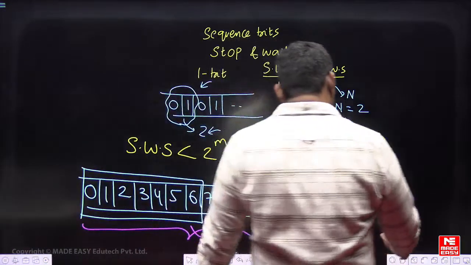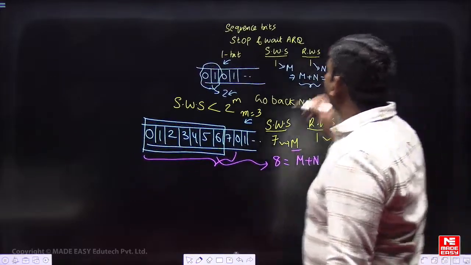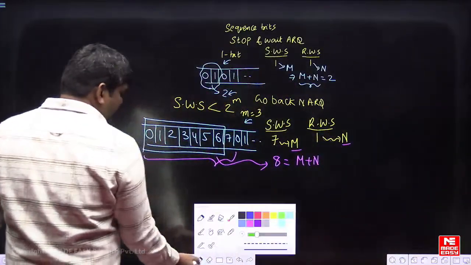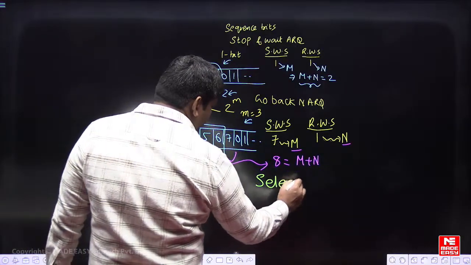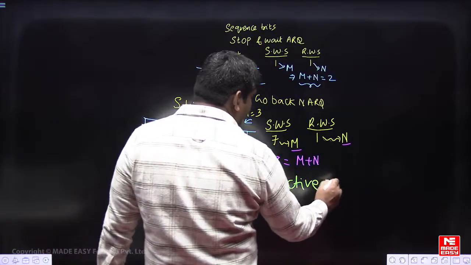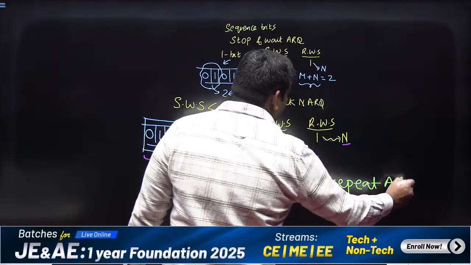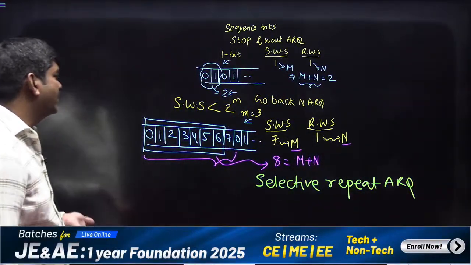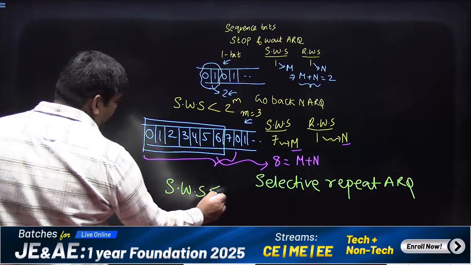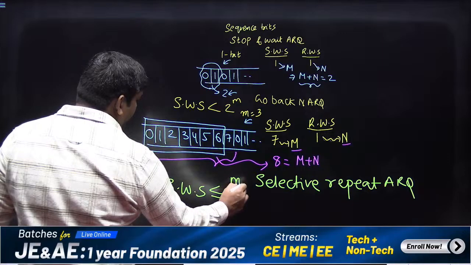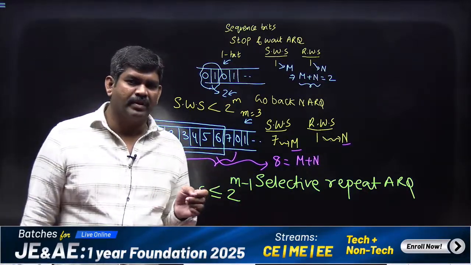If you want, you can go for Selective Repeat ARQ also. There, the condition for Selective Repeat ARQ is that the sender window size will be less than or equal to 2 power m minus 1, where m is the number of sequence bits.